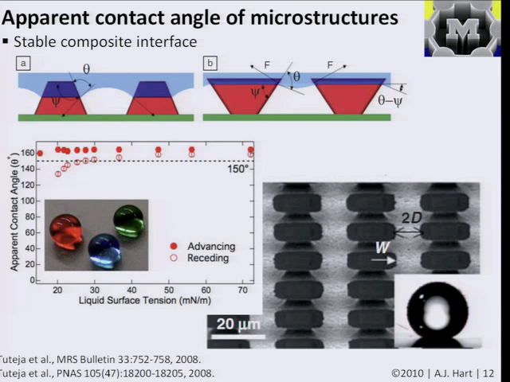And now, more recently, there has been a lot more work in trying to understand how to texture surfaces at the micro nano scale and quantitatively relate, for example, the shape of the features that you create to how the liquid behaves both at the interface and overall.